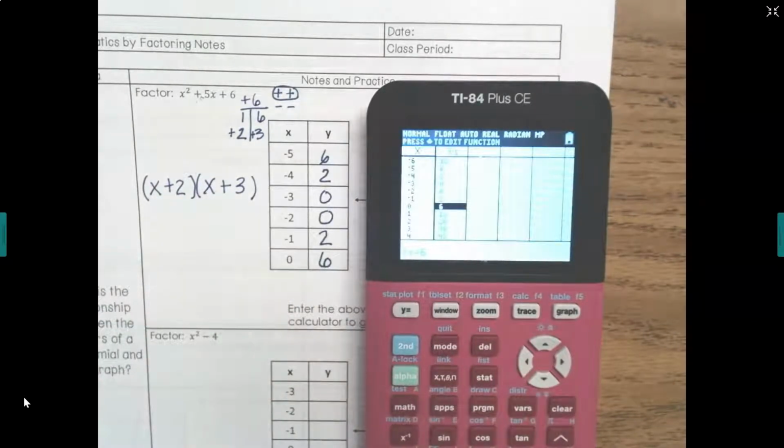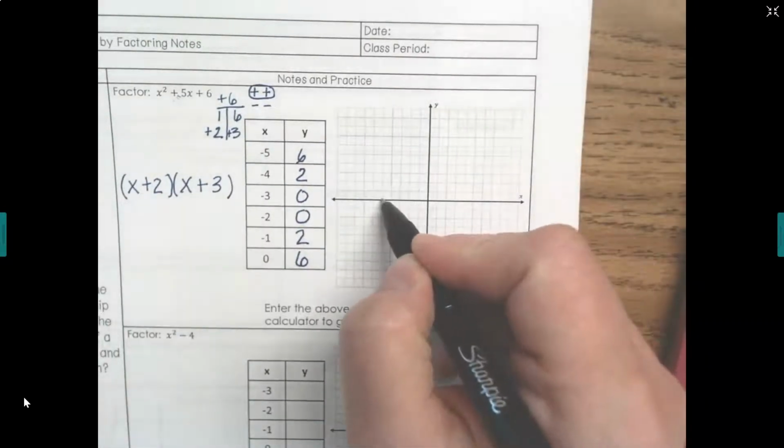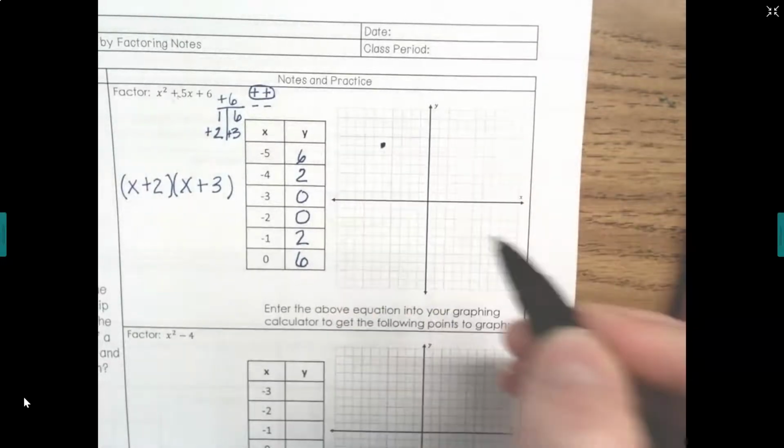What we want to do with these are actually points that we can graph. We're going to graph them on this coordinate plane. So we have negative 1, 2, 3, 4, 5, and then positive 1, 2, 3, 4, 5, 6.